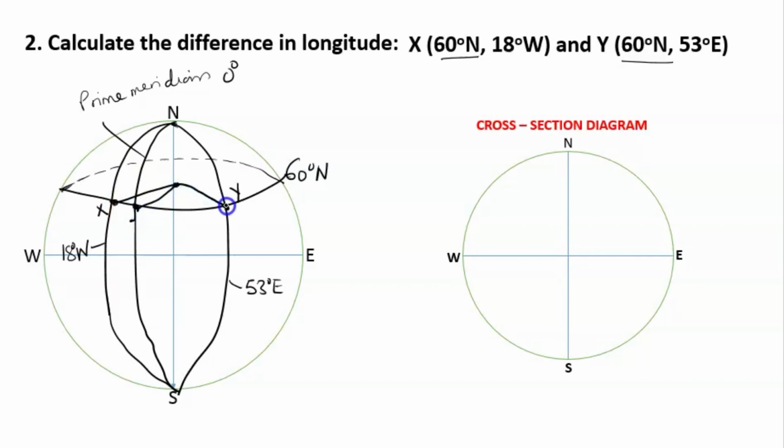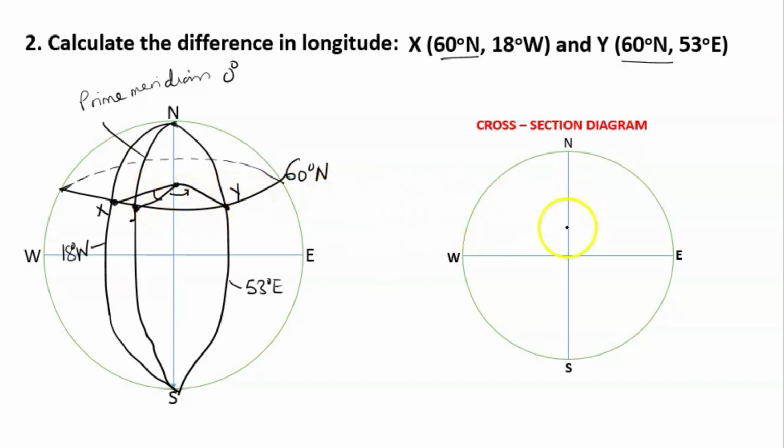So this is what you are going to have. You see that from this meridian, if you move this way, you move 18 degrees. If you move this way, you move 53 degrees. So that's how you do it. We make sure it's from this prime meridian we are doing our movement. All right, I want to believe we understand. So the difference is going to be this.